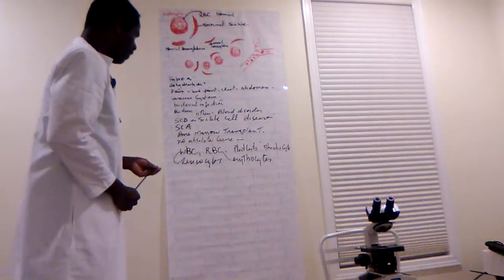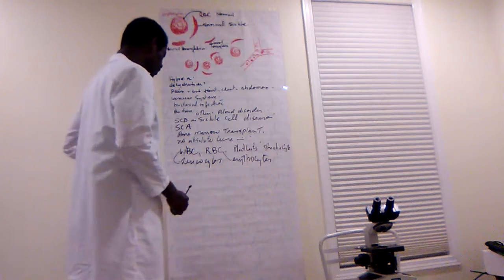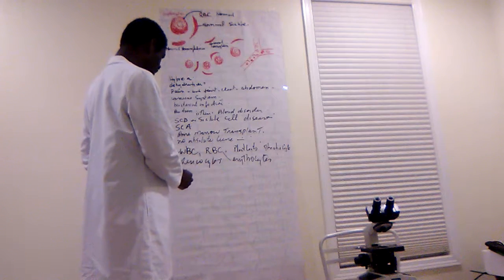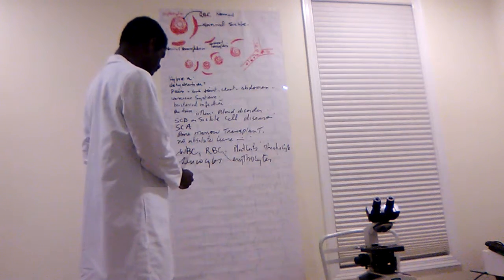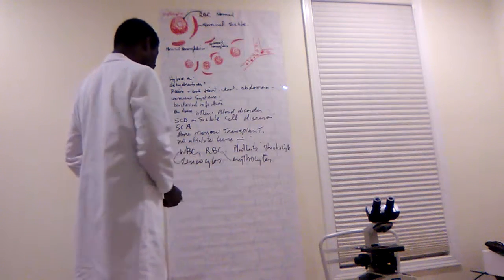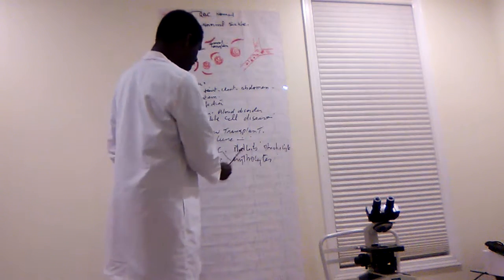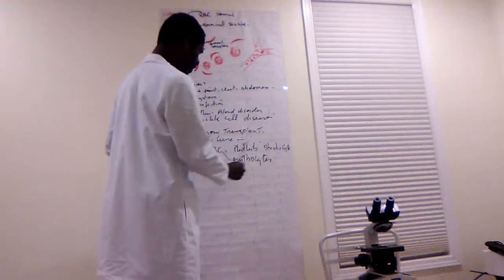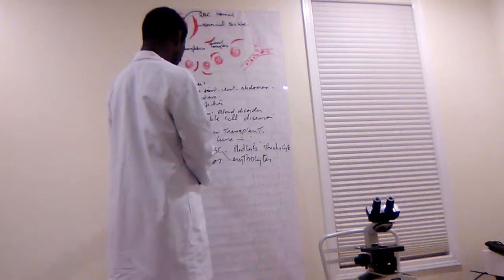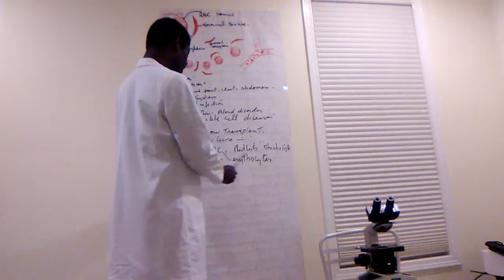But we'll be looking at other abnormalities in the blood. White blood cell abnormality, in which the white blood cell count is abnormal. Abnormal platelet count, and or thrombocytes. Leukocytes are white blood cells, and there are erythrocytes.